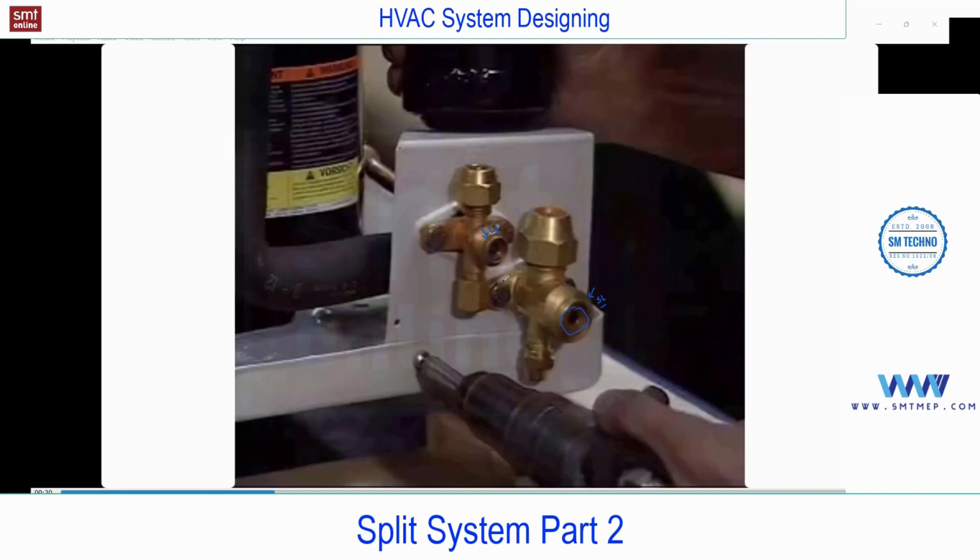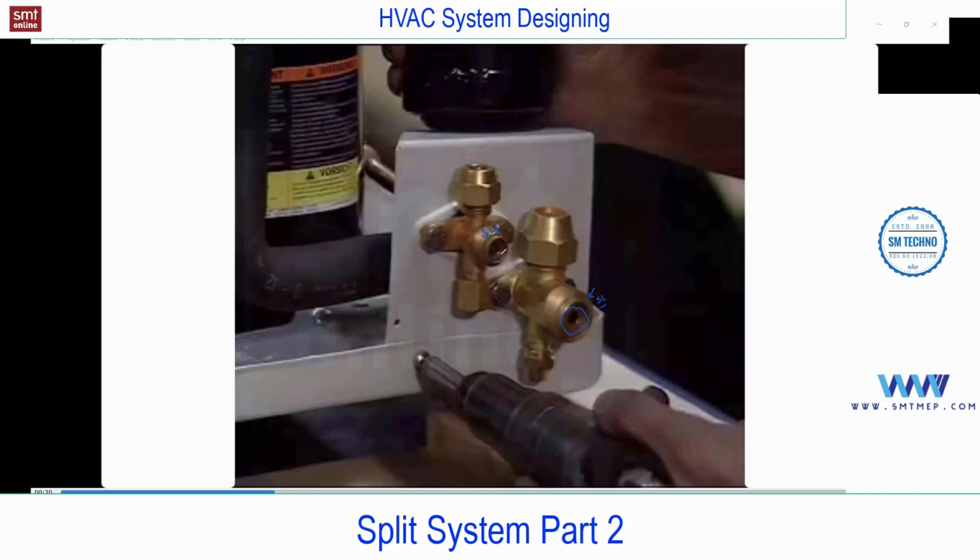So in order to understand, first of all, the direction of flow is required. Okay. So you see, this liquid line flow direction of refrigerant is outdoor to indoor, because in the outdoor you'll find compressor, condenser, and this expansion, right? So the refrigerant is going to condense in the condenser, no?